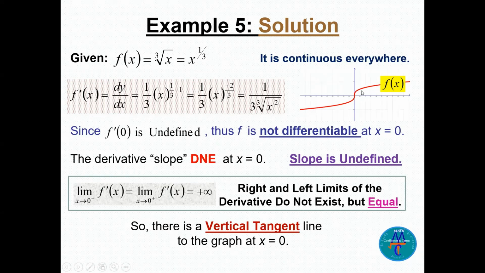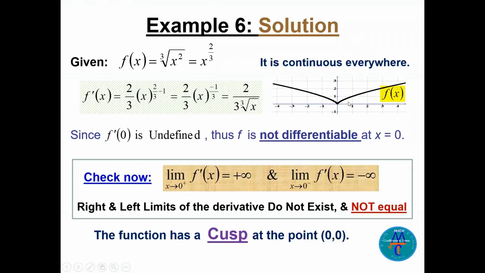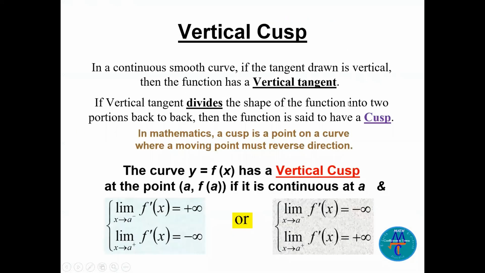So this is a vertical tangent, and this one is a vertical cusp. For a vertical cusp, the limit of f prime from one side is plus infinity and the other is minus infinity, or the limit is negative infinity and the other is plus infinity. Either case, it will be a vertical cusp.